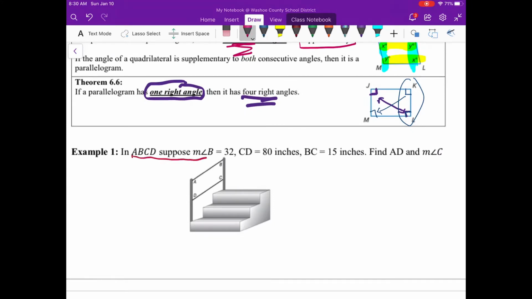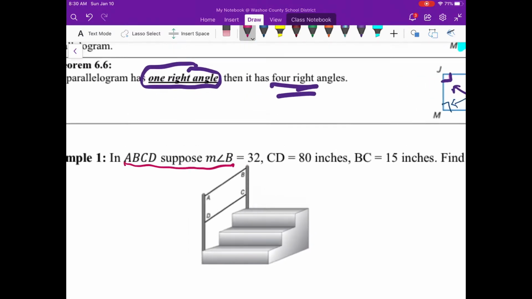All right, so let's move on to some examples here. In example 1, we're told to suppose ABCD is a parallelogram where angle B is 32. This is kind of a tiny picture here, but this is 32 degrees. The segment CD, and I know it's a segment because it doesn't say angle in front of it, is 80 inches.